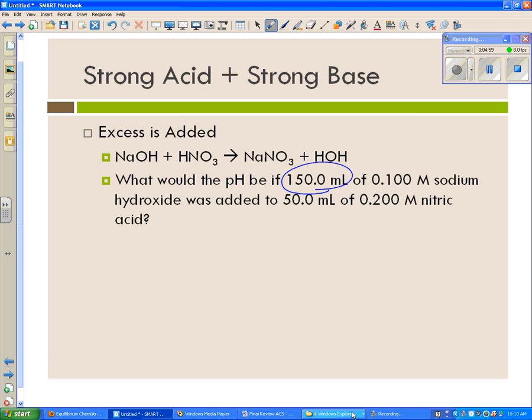So now we're going to have excess base. All of the acid will be neutralized, there will be excess base. If we have excess base, what kind of pH value should we see? Above 7? So when we calculate for this particular problem, the pH, we should see a pH that is greater than 7.